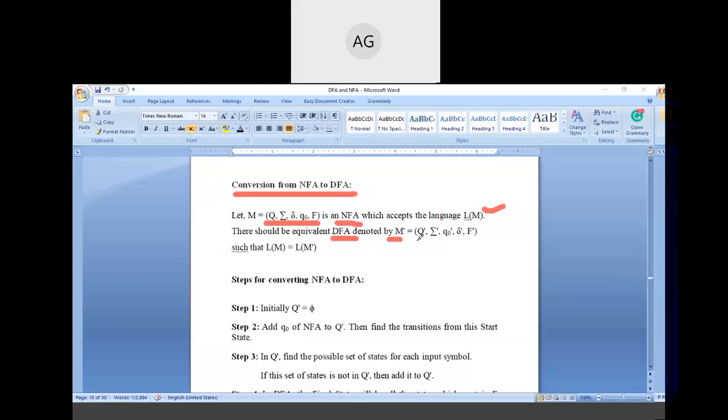The tuples of the DFA machine are denoted with a dash, meaning Q dash, sigma dash, del dash, and F dash, such that the language accepted by the NFA will also be accepted by the DFA. So these are the steps in the algorithm for converting the NFA to DFA.